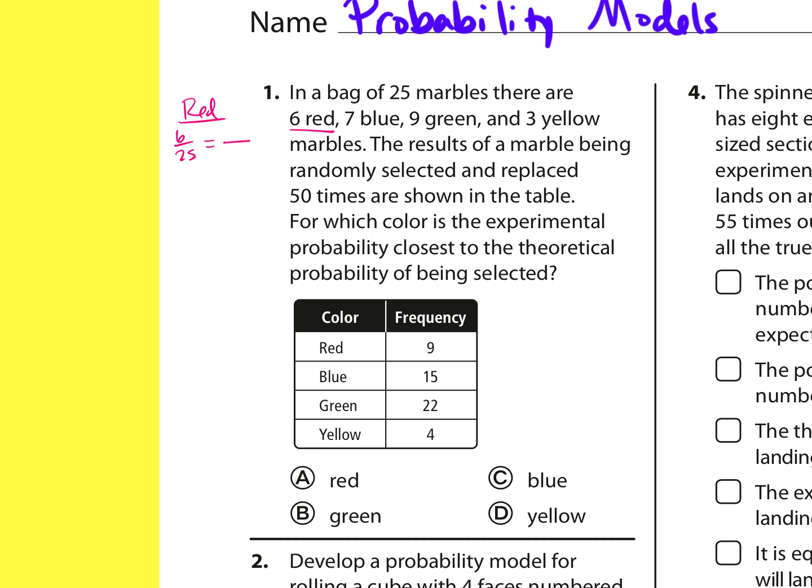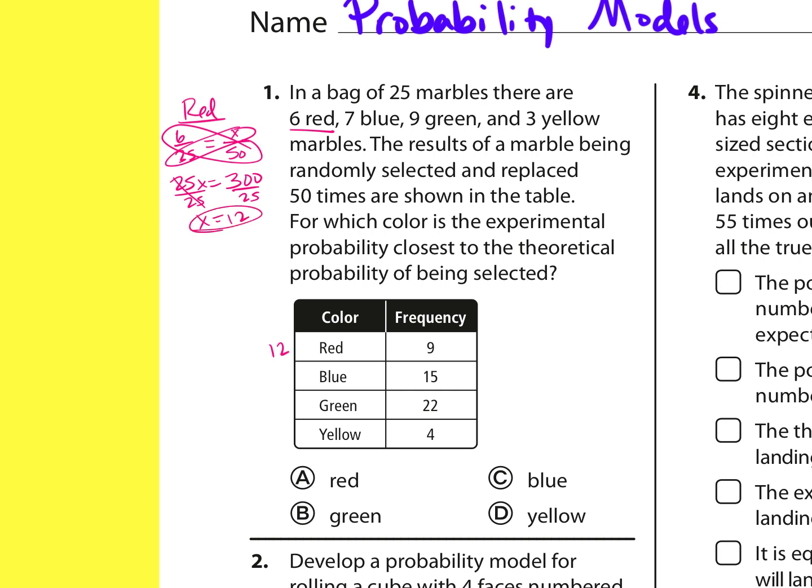And so what would be the likelihood of choosing red out of 50? I could actually quickly say that 25 doubles to get 50, so 6 doubles to get 12. So I would expect it to be 12. But let me just go through and work this out and say, okay, that's 25x equals 300. Divide both sides by 25 to get x by itself, which is 12.